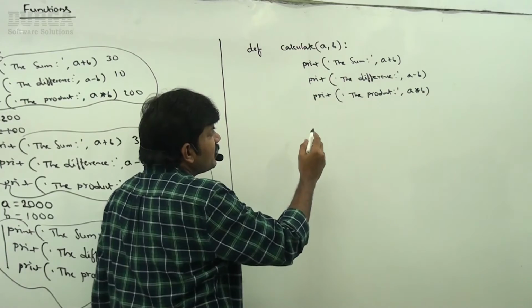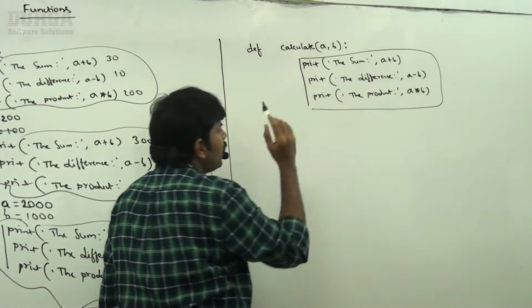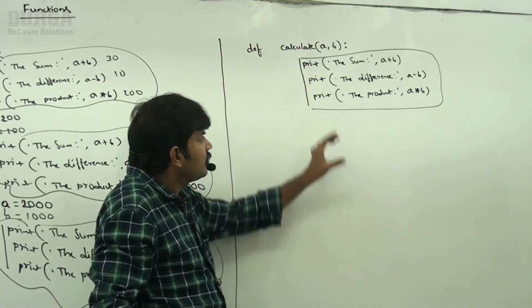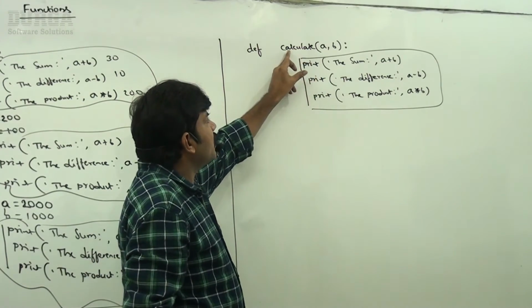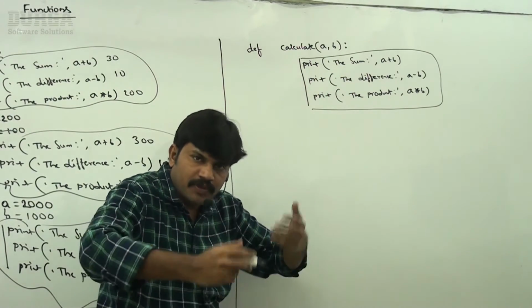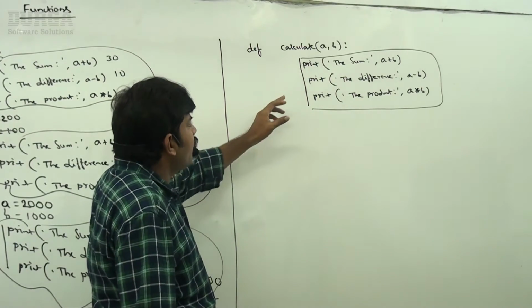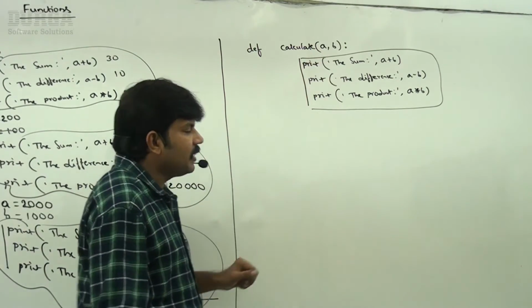Now, sir, just I'm writing this code only once. Wherever this code is required, just call this calculate. Automatically this code will come, this code will be performed, the results will be printed, sir. Sir, I want for A is the 20, B is the 10.